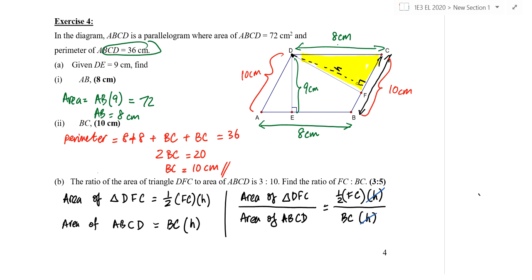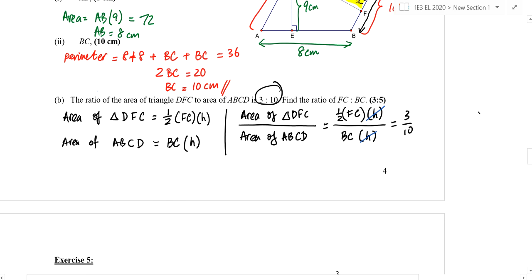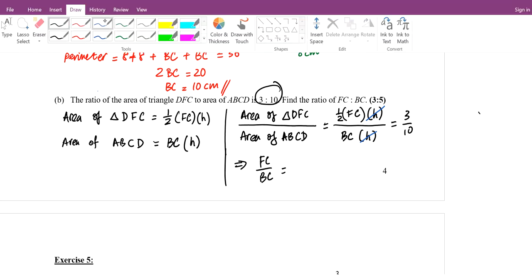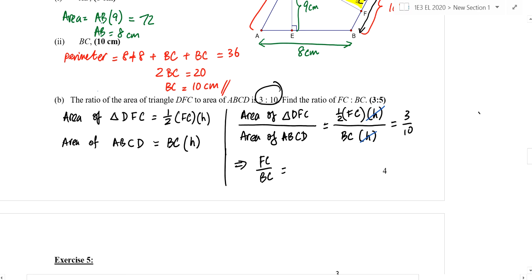Okay. Next, we equate all this to what was given in the question, 3/10. Now, if half of FC over BC equals 3/10, we can find FC over BC by multiplying both sides by 2.